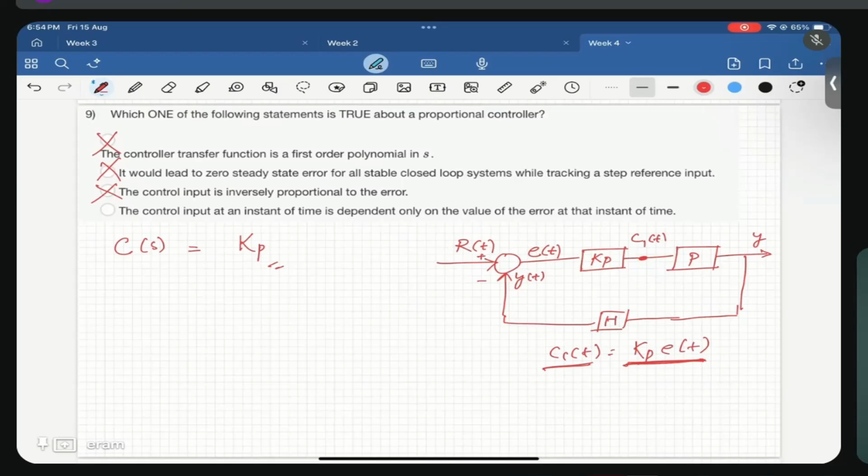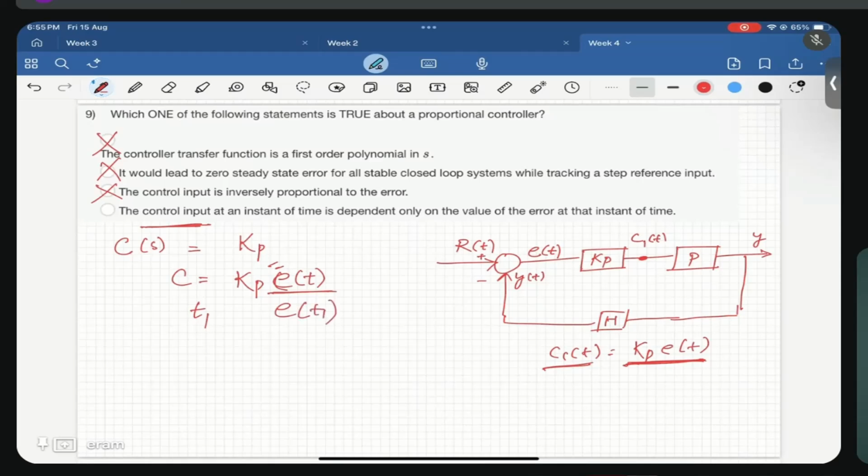We can easily check from here that the control is a function of kp, so control is nothing but kp, and the controller is acting on the error e(t). So at a particular instant of time, say at time t1, the controller is dependent on e(t1) only, right?